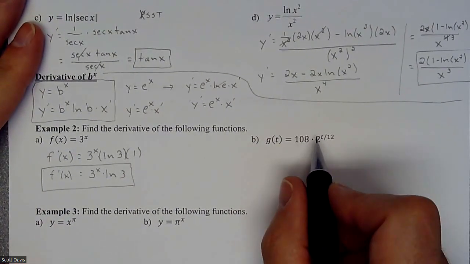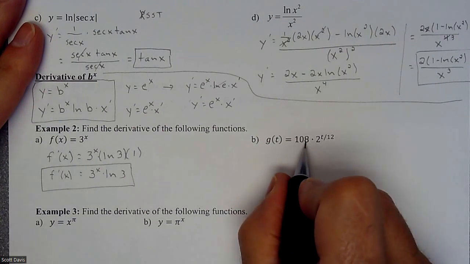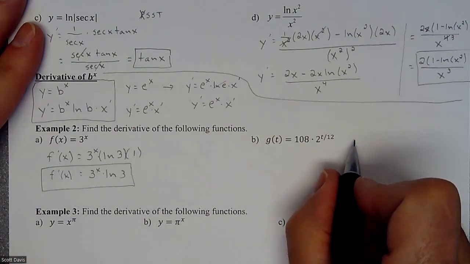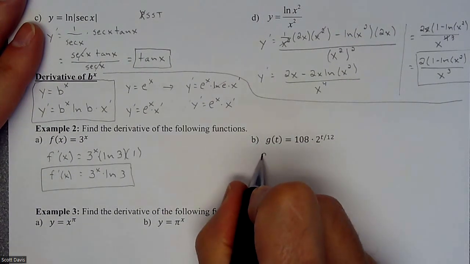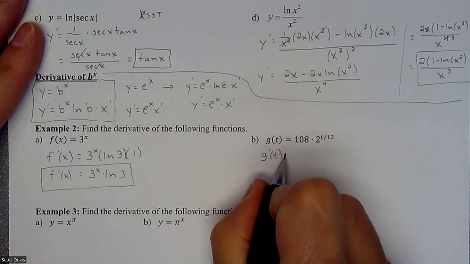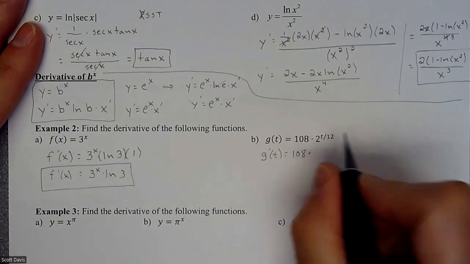Hopefully it doesn't get any trickier. If we are looking at this one, that 108 is just like a constant in front of something. It's like when you take the derivative of 2x squared, the power comes down and multiplies. So that 108 is just going to flow through. So if you're doing g of t, it's going to be 108 times the derivative of this.